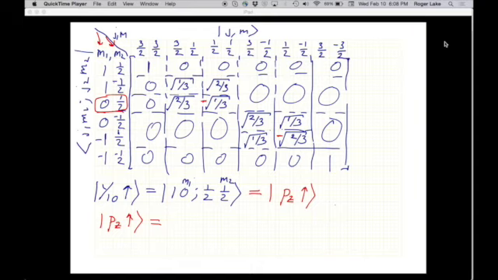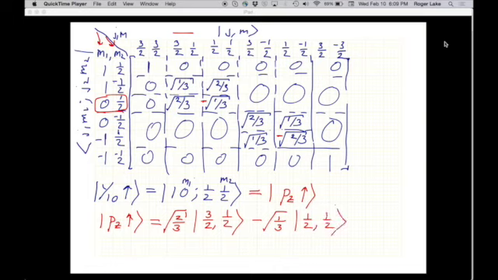So it's the square root of 2/3, and then I go up to the top of the column and read off what that state is, times the 3/2, 1/2 state, and the next coefficient is minus root 1/3, and I go up to the top of that column, times the 1/2, 1/2 state.